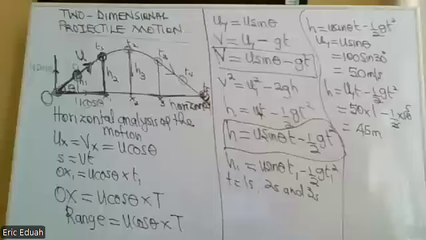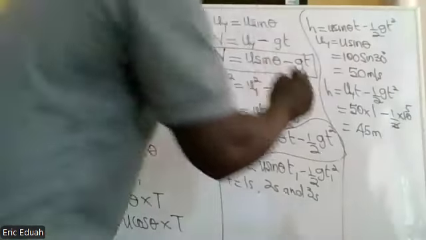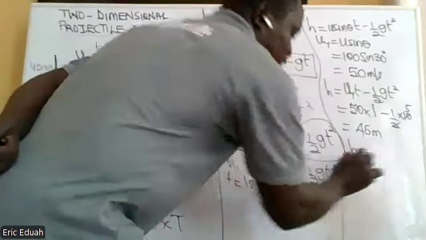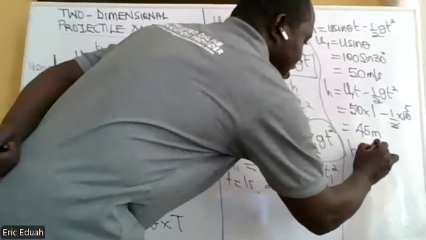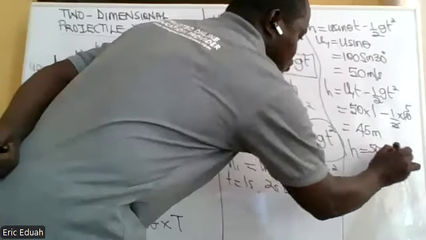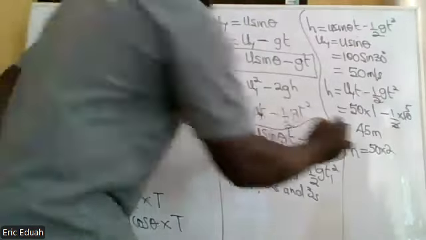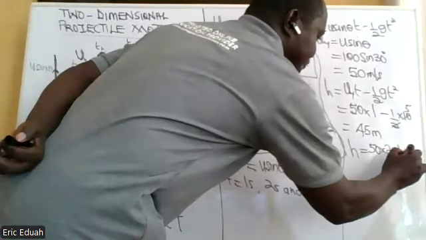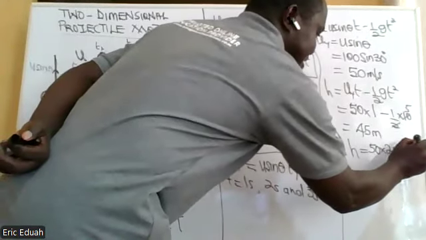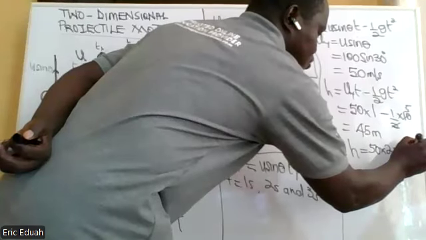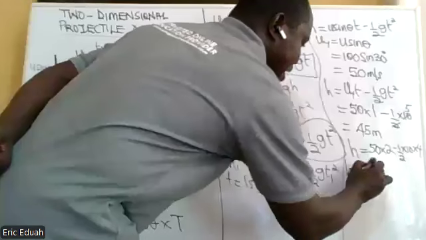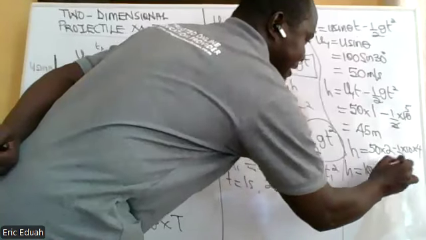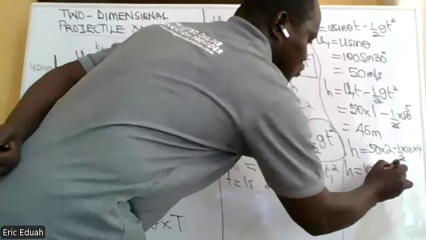After 2 seconds, it will still be 50 times 2 minus half times 10 times 2 squared. 2 squared is 4. So this time around, we'll have 100 minus 20.